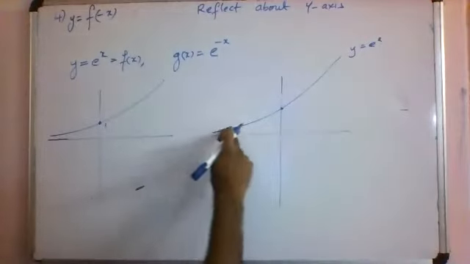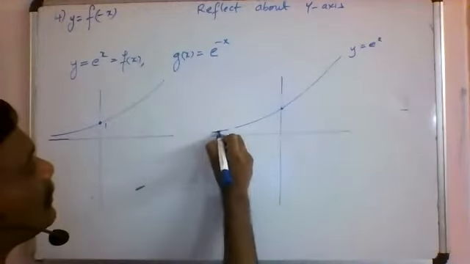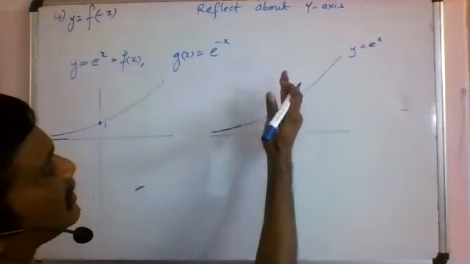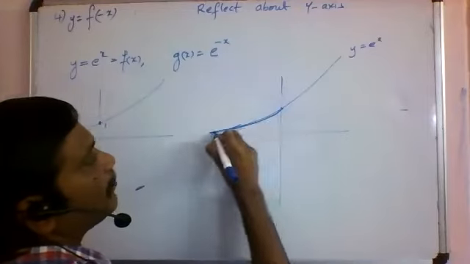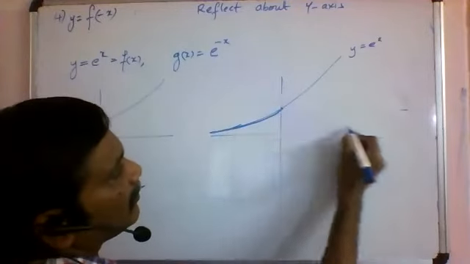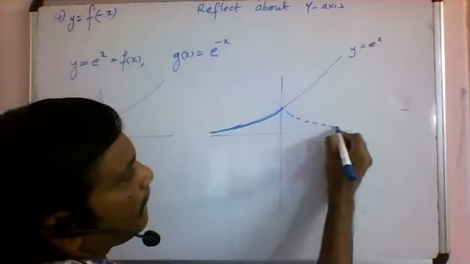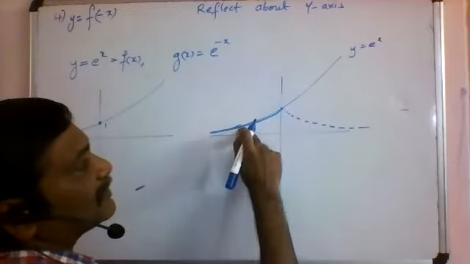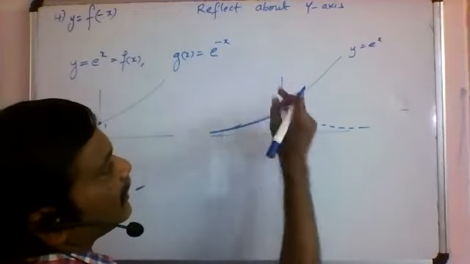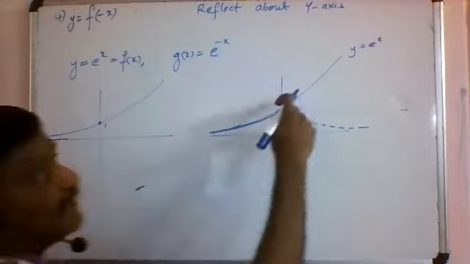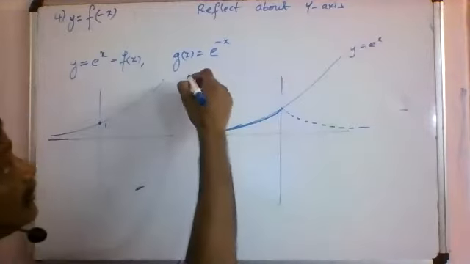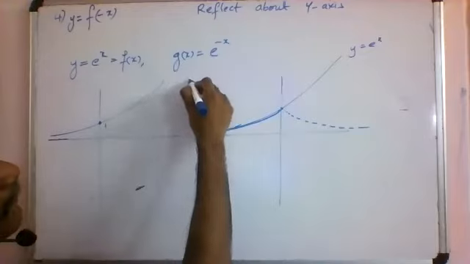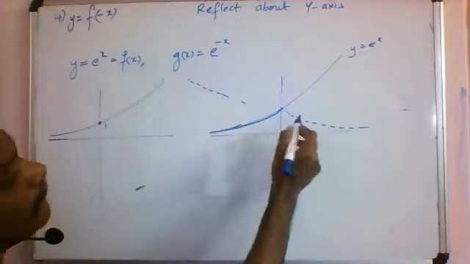Now, take the image of this with respect to y-axis. So, what is the mirror image of this part? This part will be like this. So, the image of this with respect to y-axis is this one. It is coming from up, so on this side also it should come from up.